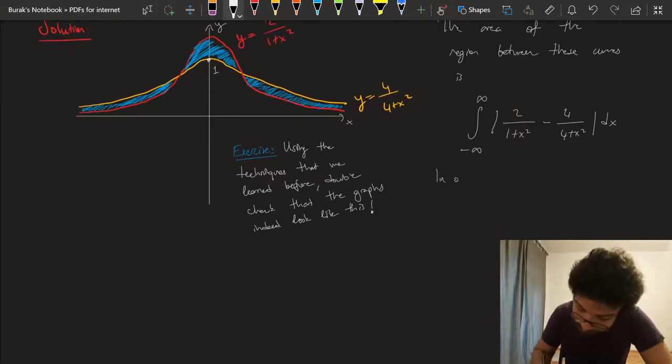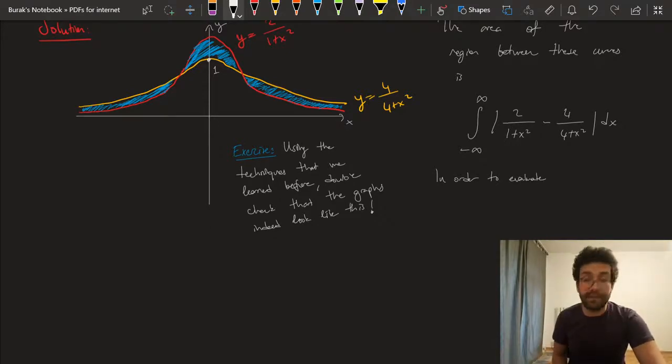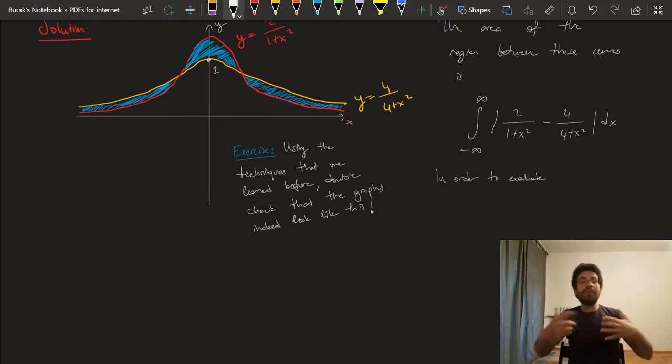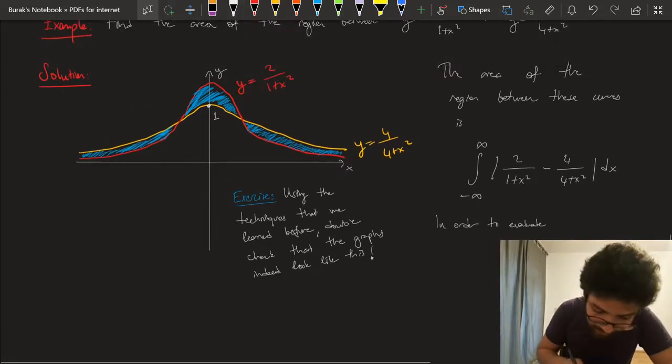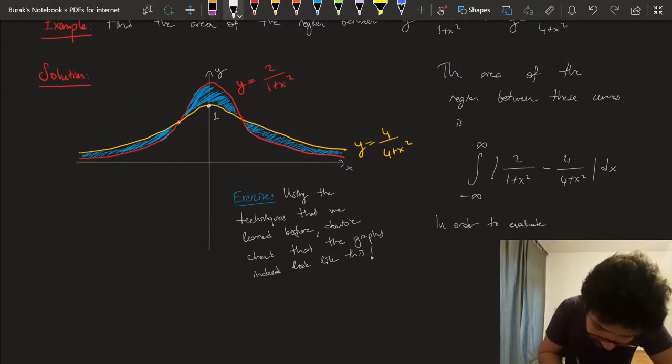Now, how do we evaluate this integral? I just wrote down an improper integral. I need to get rid of the absolute value first, and in order to do that, I need to figure out which function is bigger on which interval. From the picture, if you double check that the picture looks like this, you will see that there are two points where these curves intersect.